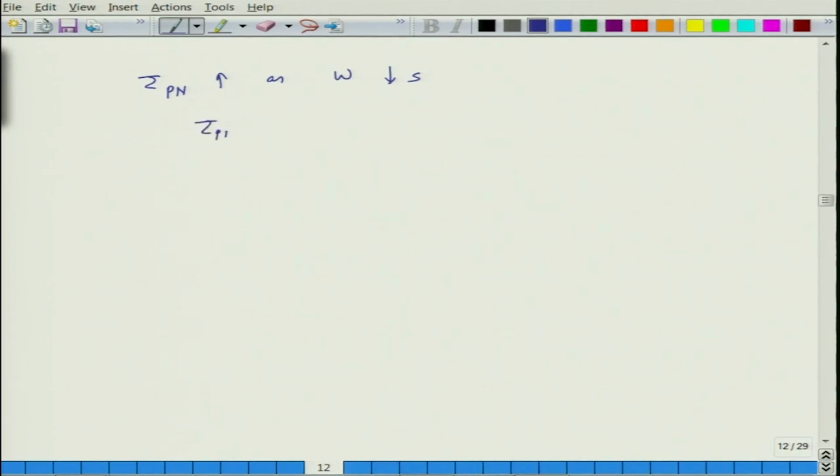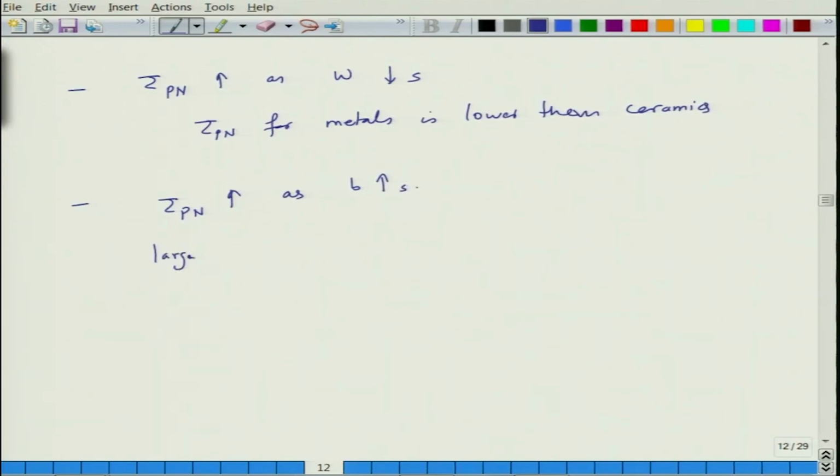So, tau Pn for metals is lower than for ceramics. Another observation that we make is tau Pn increases as B increases. So, the larger the Burgess vector, the higher the Peierls-Nabarro stress.